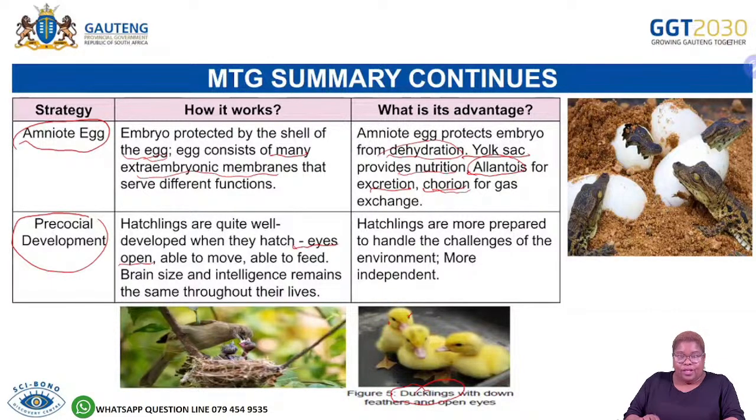Right? So we are saying with precocial development, hatchlings are quite well developed. They've got eyes open, they are able to move, unlike if we compare with in case of the humans. You, for an example, when you were 1 day old, were you able to move? Yes, it will be those natural movements of stretching, but in terms of movement, you can't walk at that period. So it goes with developmental stages. From this age, you can crawl. From this age, you can walk.